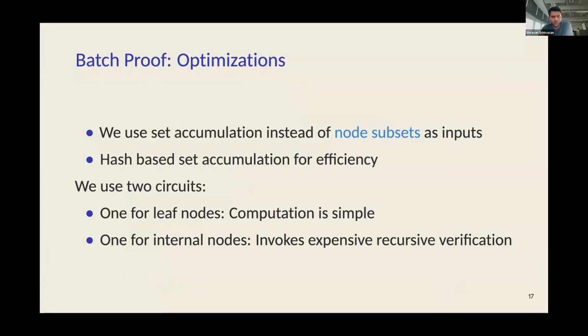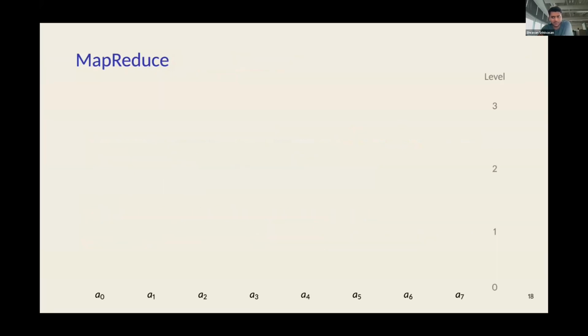However, at the internal node, you also had to invoke expensive snark verification. So in our experiments, we break it down into two specific circuits, one for the leaf and one for the internal, and we put them together in a manner that is cryptographically sound, and there is no scope for attack.